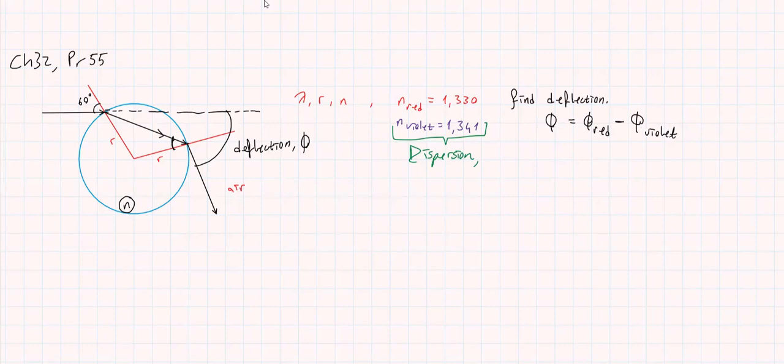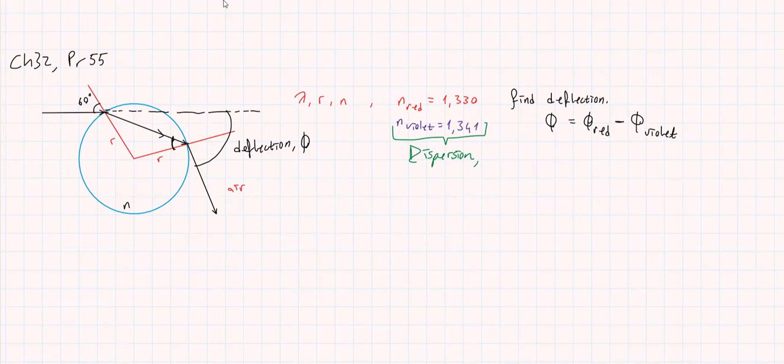For that, I will calculate for both wavelengths separately and then find their difference. To begin with, I will again use Snell's Law, and I will not insert any numerical values until the end of the question.